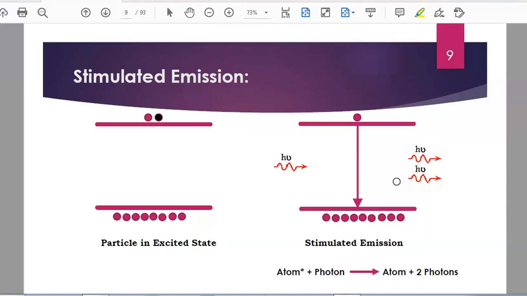Sir, I wanted more clarity on the stimulated emission part. We are supplying energy, right? So should it not be that a particle from the ground state goes to the higher energy state? If we are providing energy, then why is it getting down to a lower state? Your question is fine, and I have discussed this in the first lecture also.